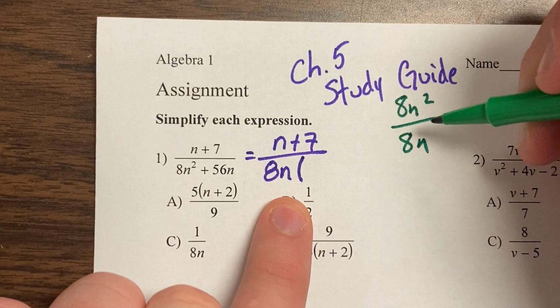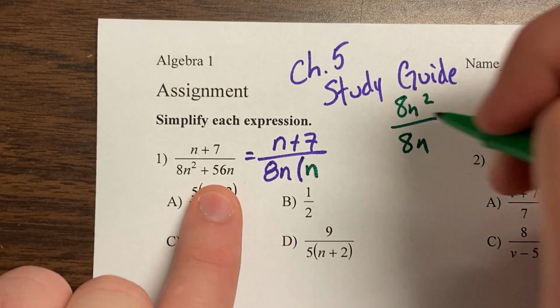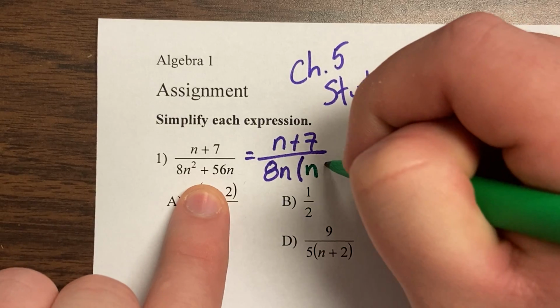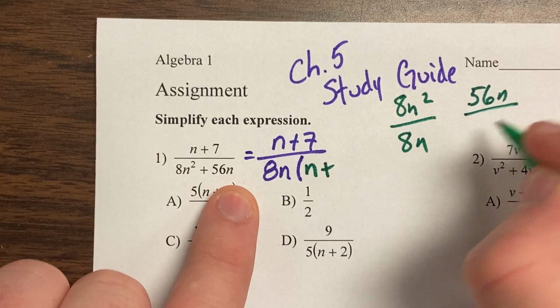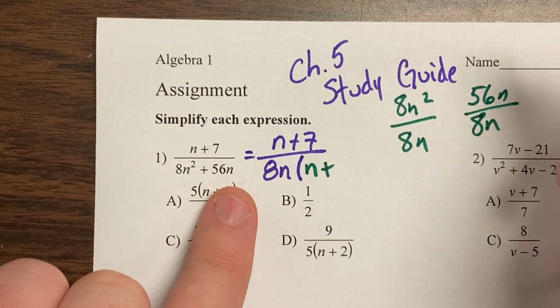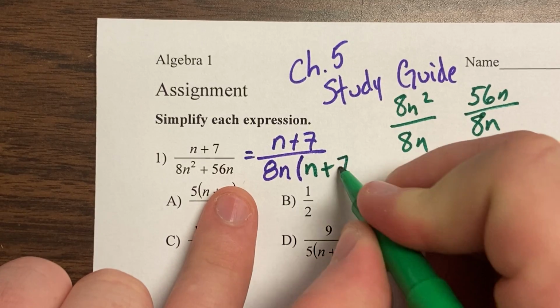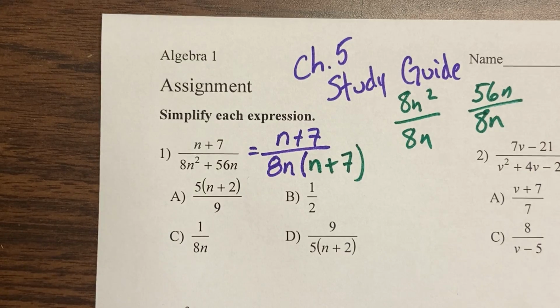When I divide this away, I'm left with an n. We didn't pull out a negative, so the sign stays true. The second term is 56n, and again we're pulling out that factor of 8n. What times 8n gives you 56n? 8 times 7 gives us 56, and the n's cancel, so that's why the n didn't come with us.